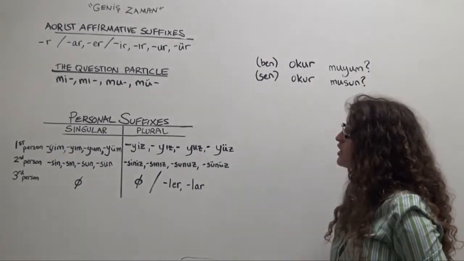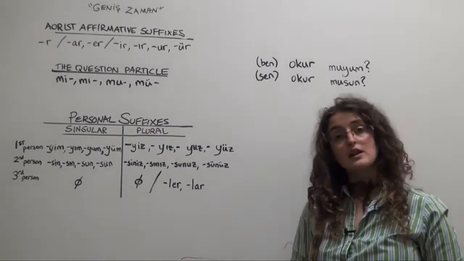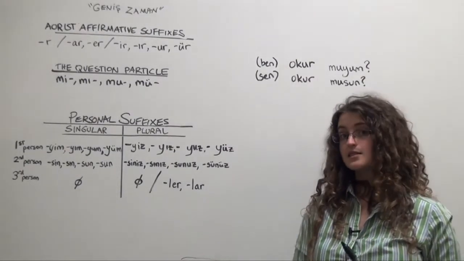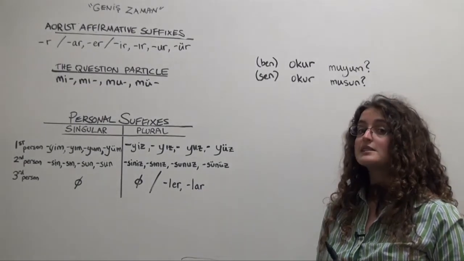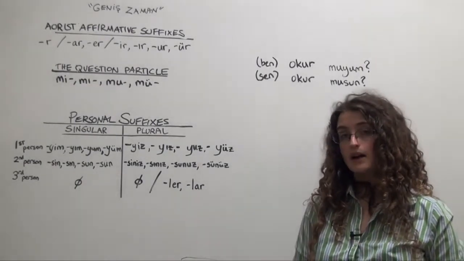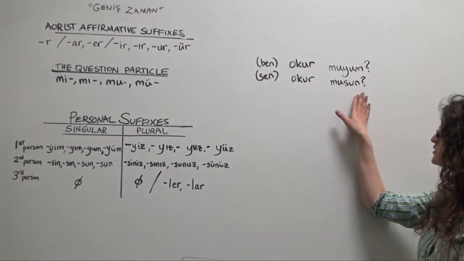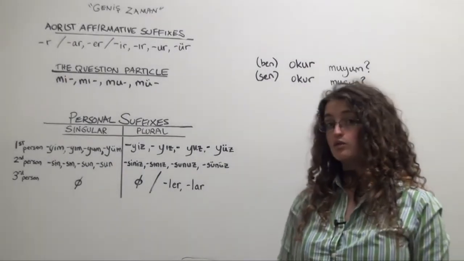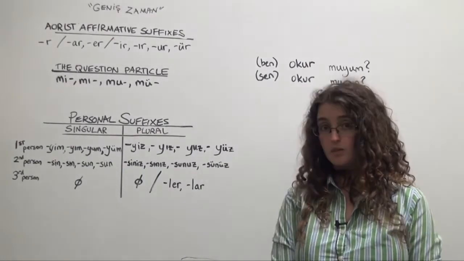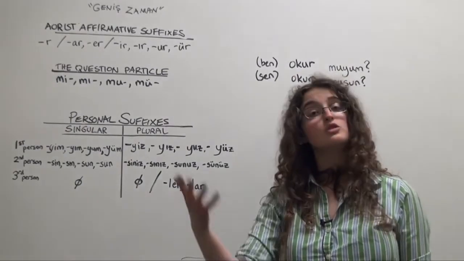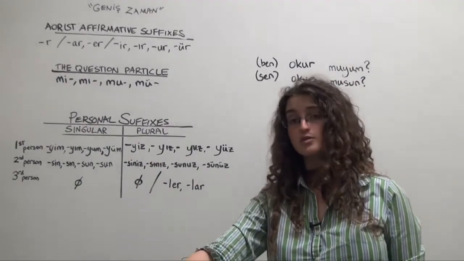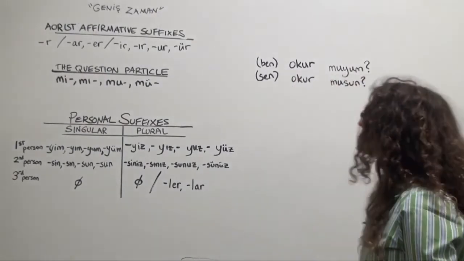Now, I should note, one very common usage of these yes-no aorist questions is as a polite request. So, okur musun can mean, do you read habitually, as one of its meanings, but another very possible meaning is, would you read, would you please read? Okur musun, would you please read this?